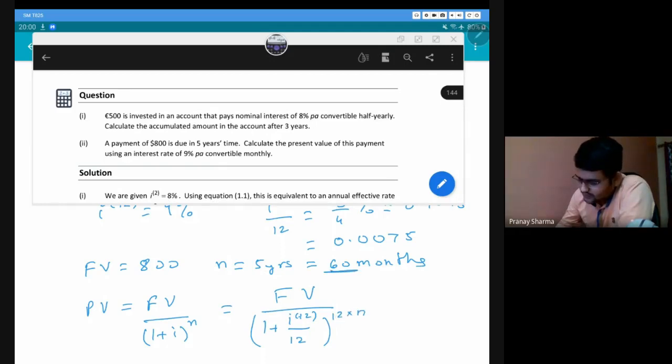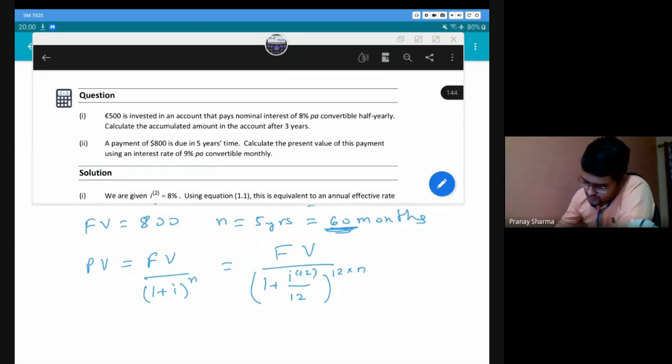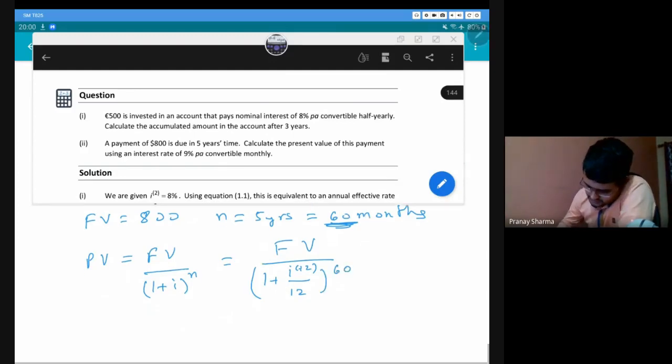This was our 12 into n, that is our 60 months. So you can directly write it as 60 here, just for less confusion. So here n was in years, this n is in months.